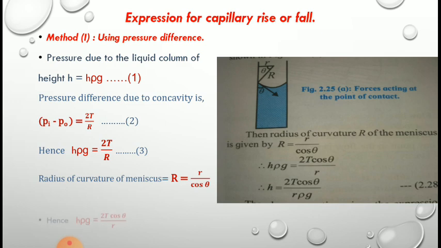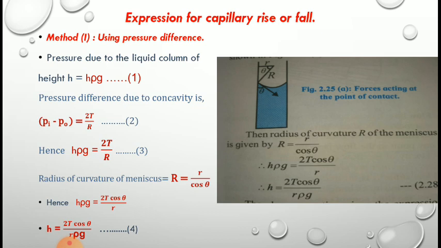Substituting in equation 3, we get h rho g is equal to 2T cos theta divided by r. So simplifying this equation, we get h is equal to 2T cos theta divided by r rho g.